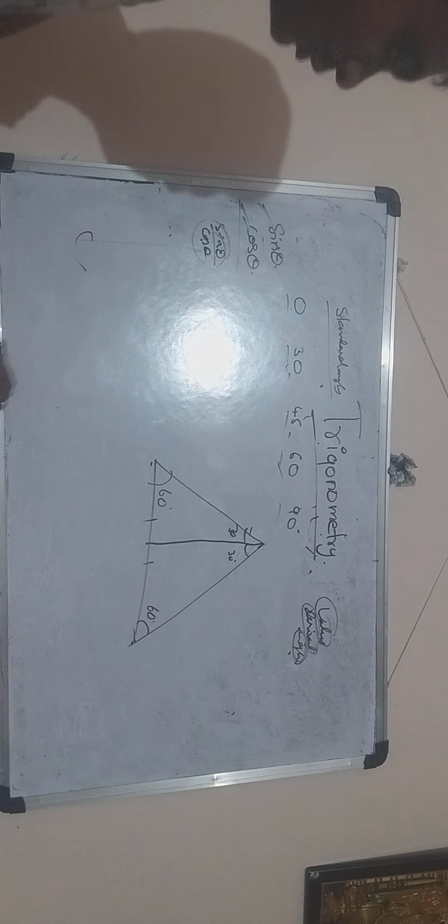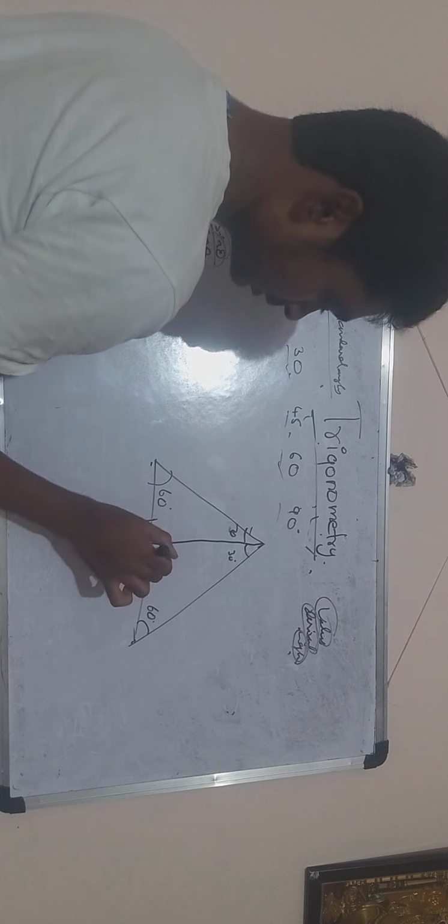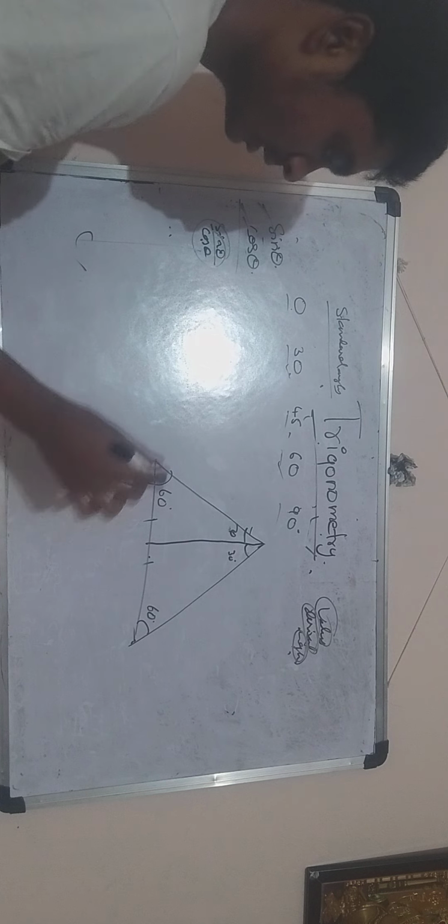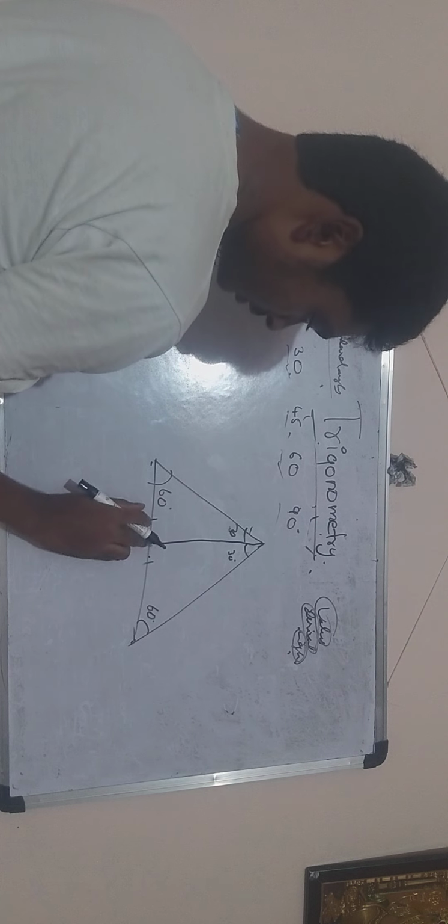So it's an altitude, a perpendicular bisector, and a median. In an equilateral triangle, this line coincides with all 3.